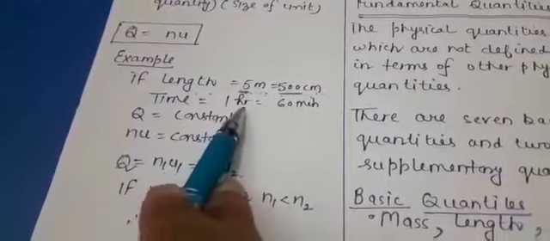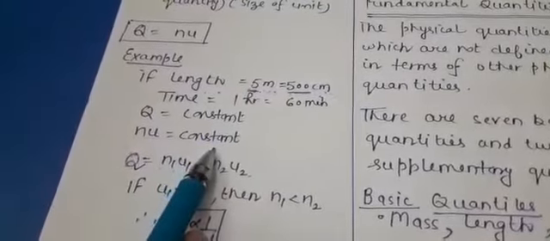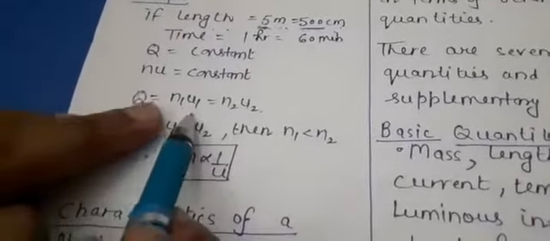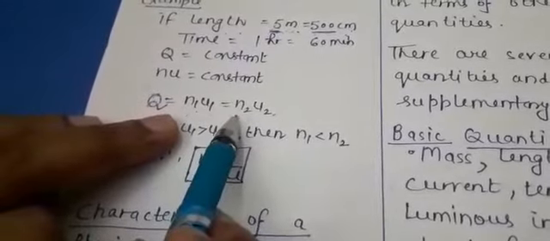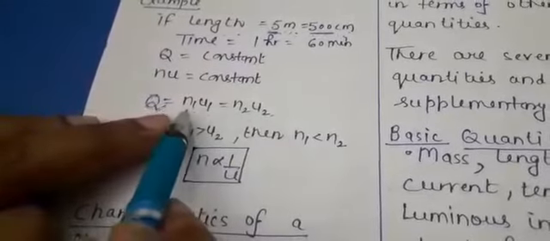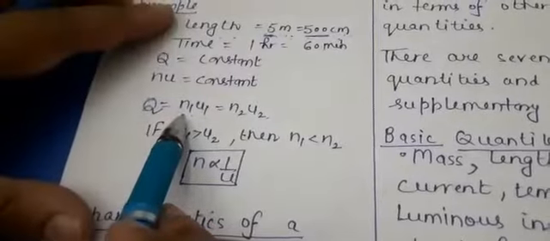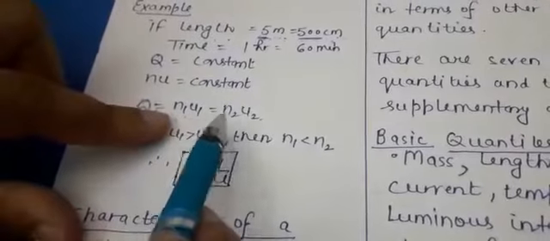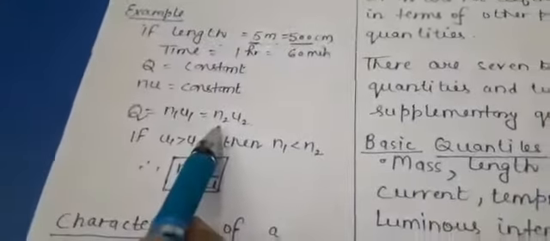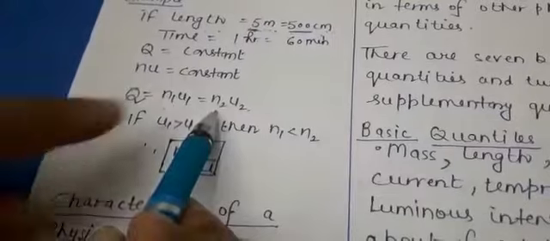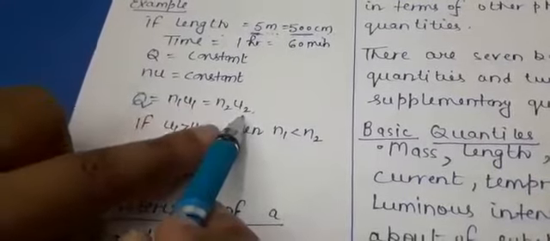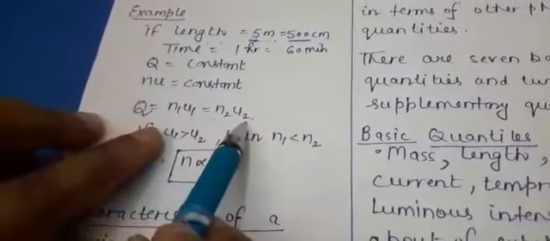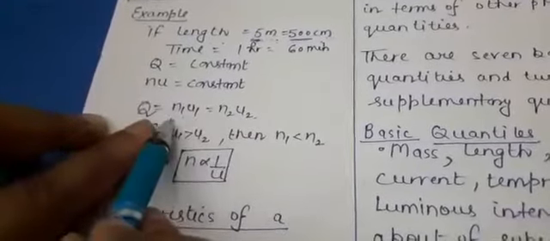It means their product will be constant. Or in a much simpler manner, what we can say is that the numerical value is changing along with the unit. That means if we are taking length, suppose the quantity is length, the numerical value is 5 and the unit is meter. And it is 500 in another measurement unit, and the unit is centimeter. So the quantity is the same. But in different systems of units, the units may change the numerical value.